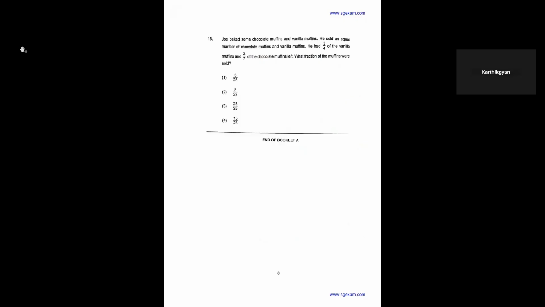Okay, next one. John baked some chocolate muffins and vanilla muffins. He sold an equal number of chocolate muffins and vanilla muffins. The fraction in the third sentence talks about what's left. So whatever that's left for vanilla is 1/4, and chocolate muffins is 4/7. They said these two are equal, so we make the numerator the same.